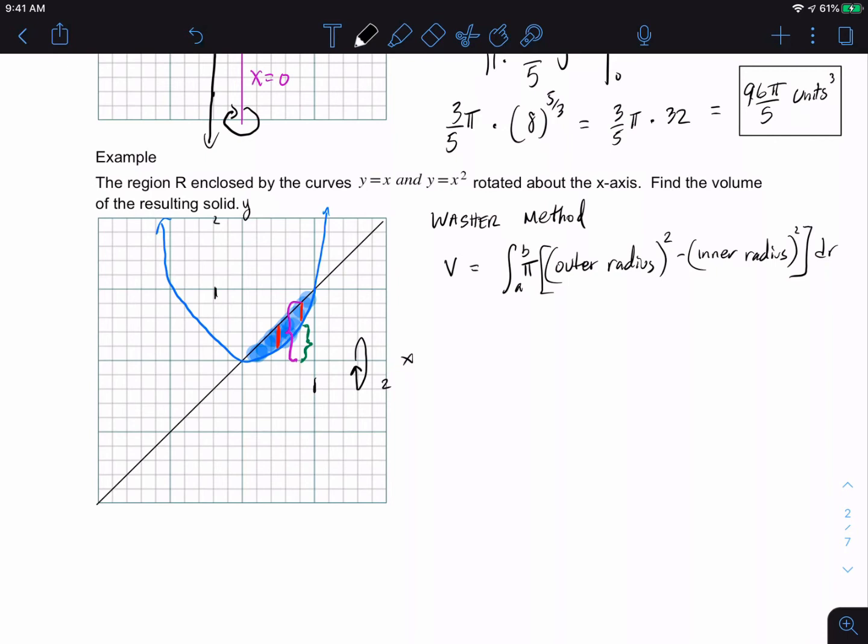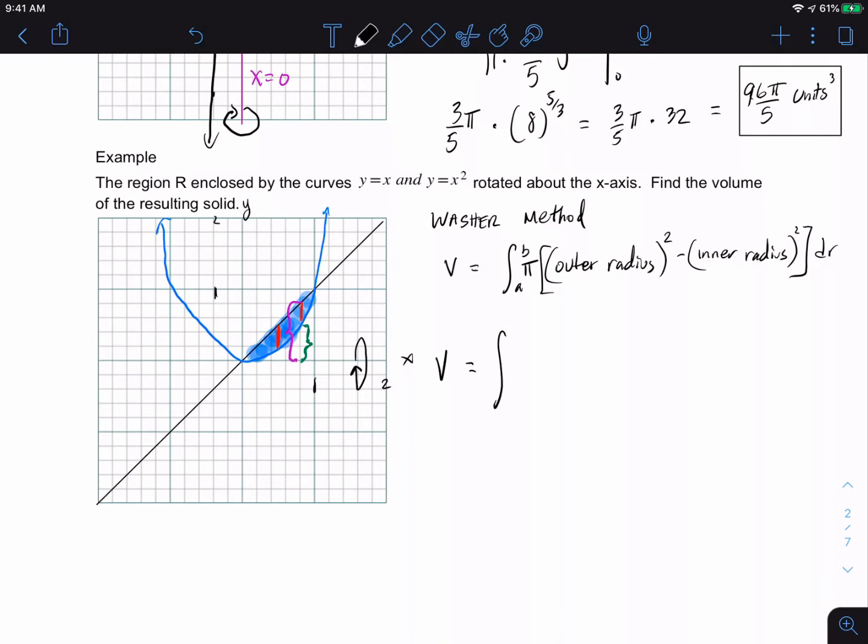Let's do this problem. So we need our bounds. What should our bounds be for this problem? Okay, so before, because it's going to be right either way you talk about it.